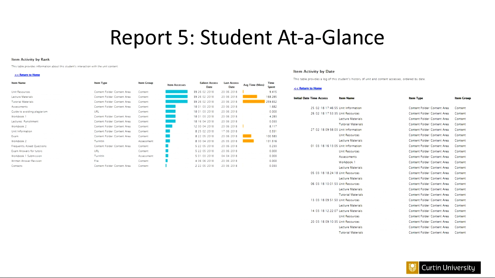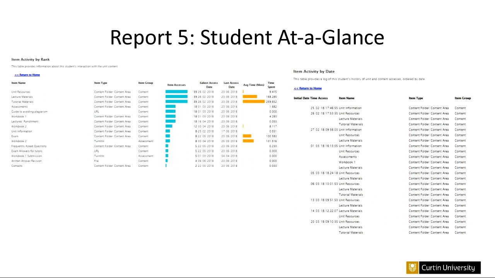Like when you see there, first 5 items accessed, unit information, unit resources, that may be interesting to unit coordinators, but it's really clicking on there, see unit items accessed by date, where it's got the real value, where you might want to see when students first access particular items.